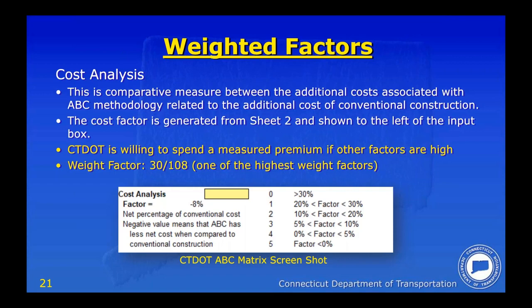If we find, on the other hand, that we have a cost reduction for ABC, then this becomes a 5. And then the variation between 0 and 30% spreads out between these particular cost scores, depending on what your ABC versus conventional cost is.